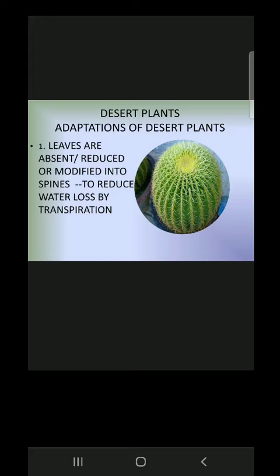Now what are the adaptational features of these desert plants? As we all know, cactus have reduced their leaves into pointy, thorny spines. So leaves are absent or reduced or modified into spines to reduce the water loss by transpiration.